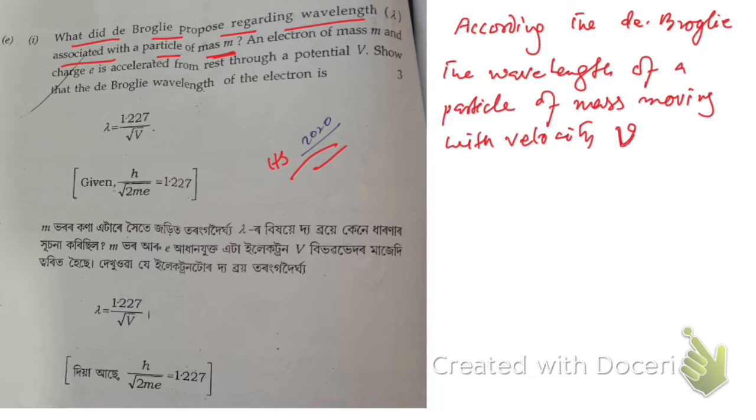To represent velocity I am writing small v. When I write capital V, that will represent potential. So lambda is equal to, sorry, mass, I haven't mentioned the mass is m here. That is given by Planck's constant h by m into v. h is Planck's constant.